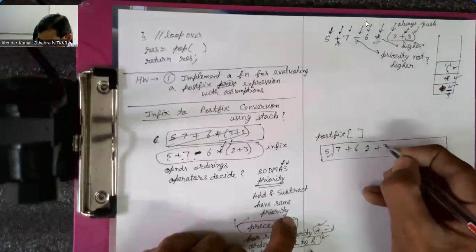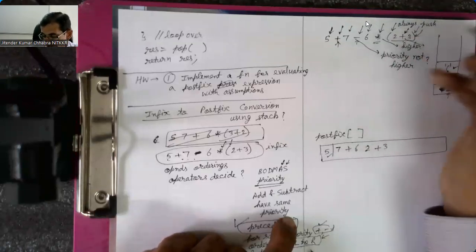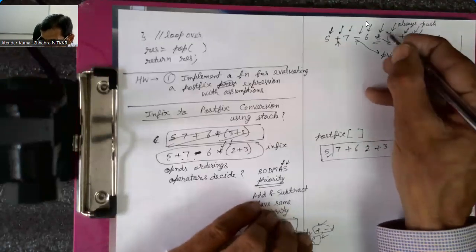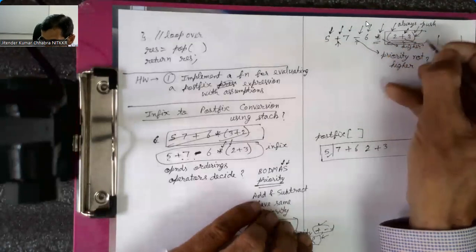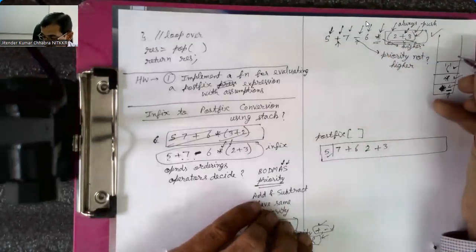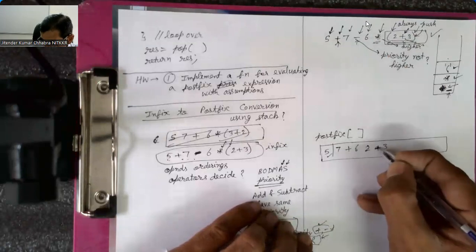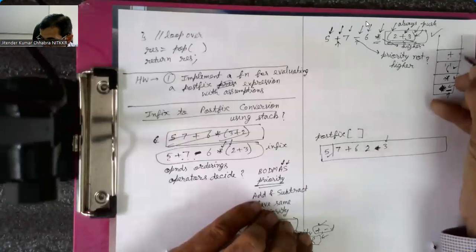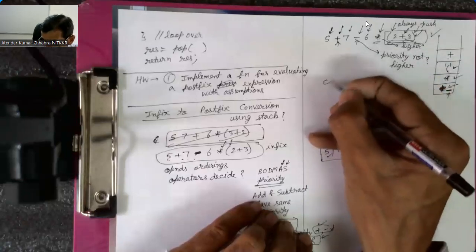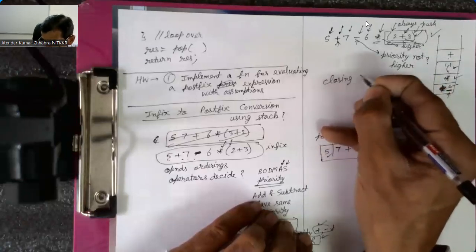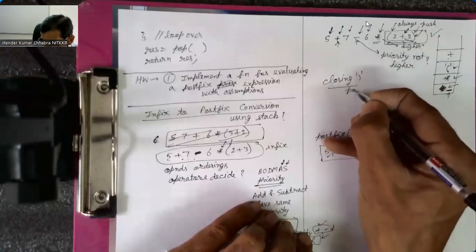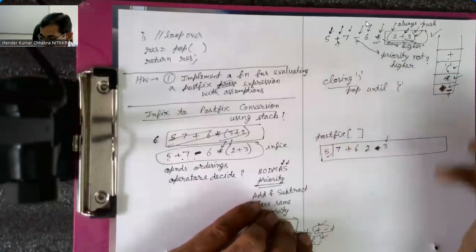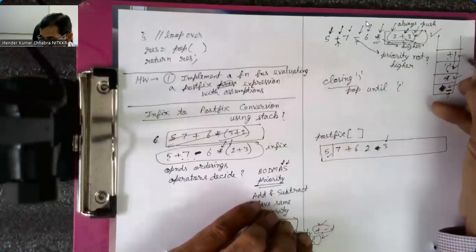Then comes a 3 over bracket. Now, the closing bracket guaranteedly means up to the opening bracket work is over. So this plus was inside the stack. I had 3 here. And now as soon as I get the closing bracket, it will mean pop until you reach back to the starting bracket, because up to the starting bracket work is over.